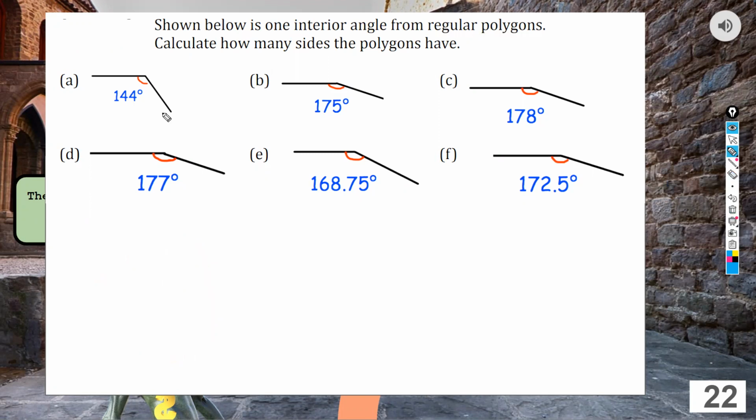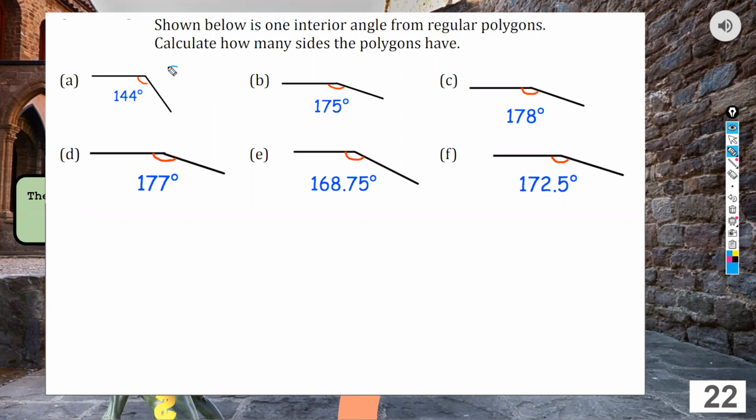Equal. Let's see if we could backtrack and use transposing or a little algebra skills to figure out how many sides the shape has. Think about it, right? This is going to be a little complicated, but you're going to have to see it about 3 or 4 times before you grasp the idea.